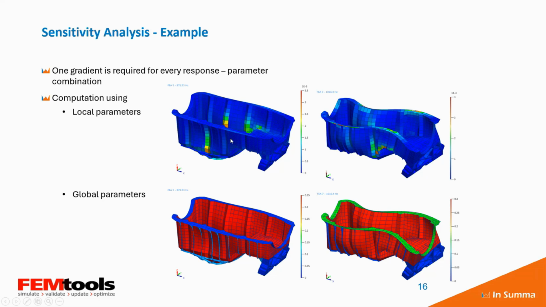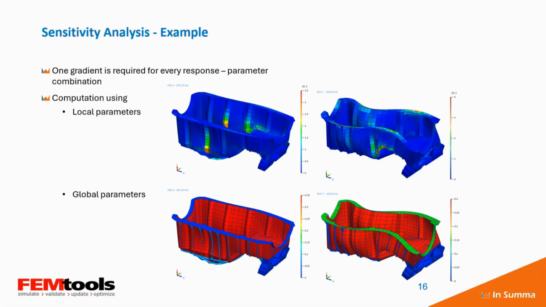So you have a parameter for each element, and in this way you can also see sensitivity localized to the level of the element. A global parameter is a scale factor for a group of elements, and that group can be 2 elements. The smallest group consists of 2 elements. The largest possible group consists of the entire FE model.